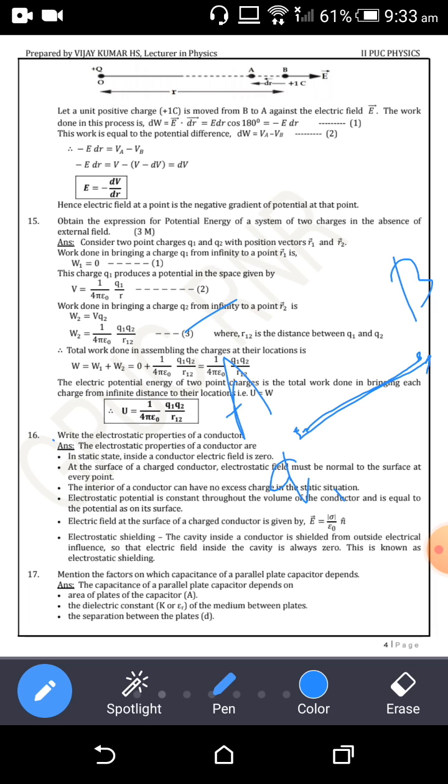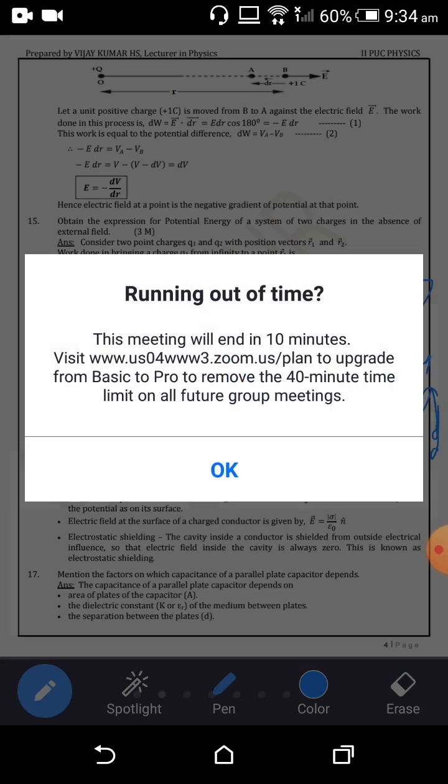Next, we need to bring the second charge. Let us say we have brought the charge q2 from infinity to point B. So what is the work done? Obviously, the work done will be W2 is equal to Vq2.